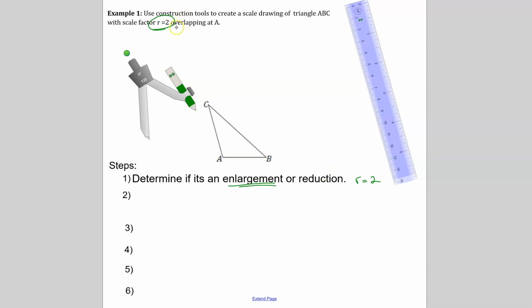And it does give us a specification that says it has to overlap at A. That means A is not going to move. Everybody else is going to move about A. So in this particular case, A will become A prime. So A and A prime are exactly the same location. The B and the C points are going to relocate in this process.